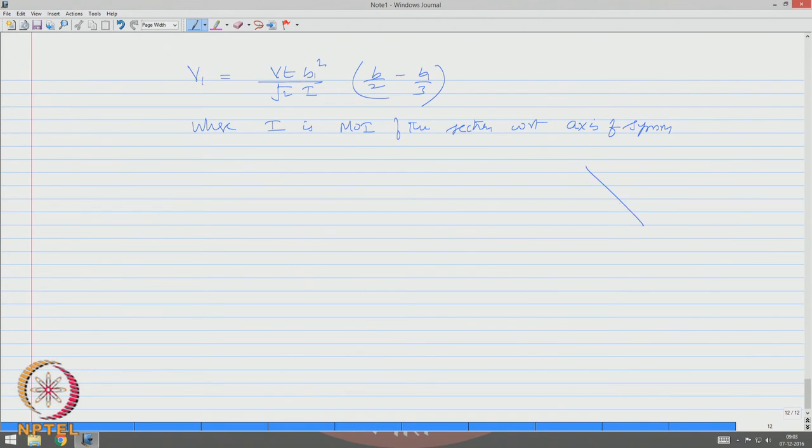Now, this member is inclined and my axis of symmetry is here. I need to find the moment of inertia of this piece with respect to this place. So, it is slightly tricky.